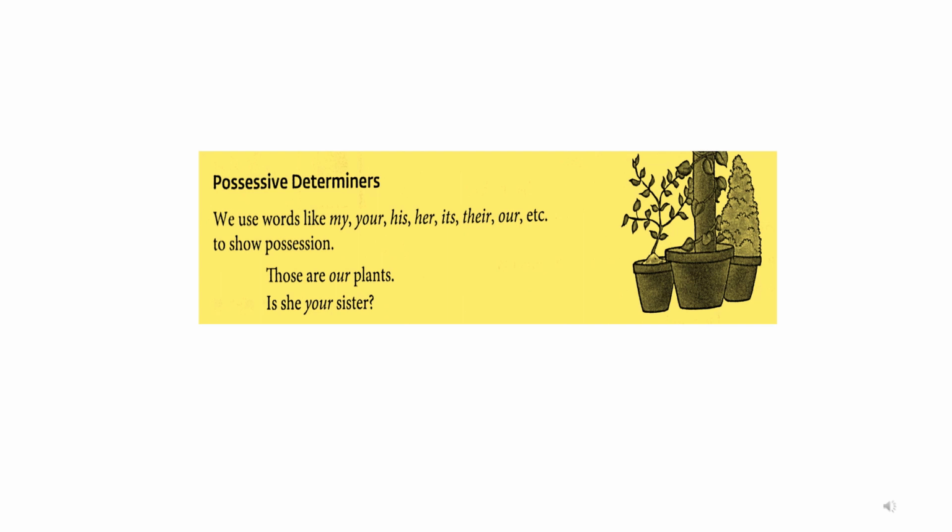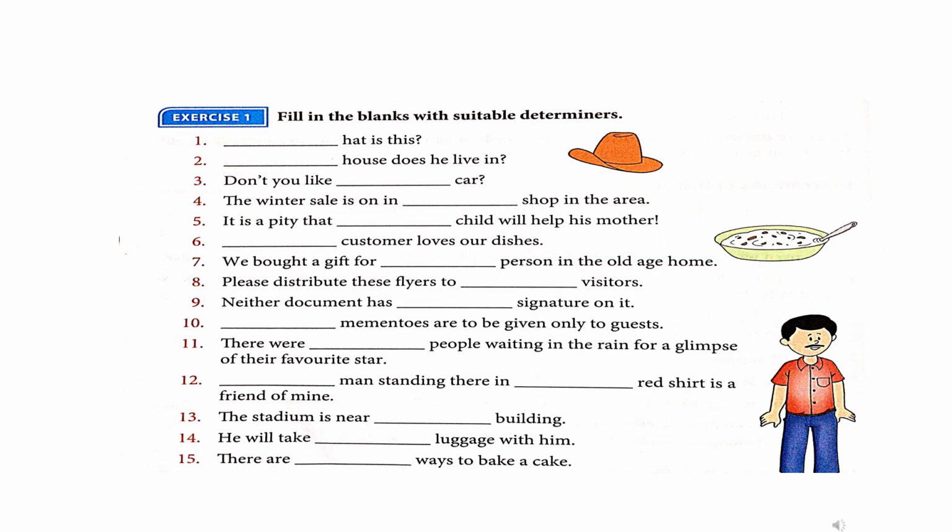Possessive determiners are used to show possession. We use words like my, your, his, her, its, their, our, etc. to show possession. Examples: those are our plants. Is this your system?